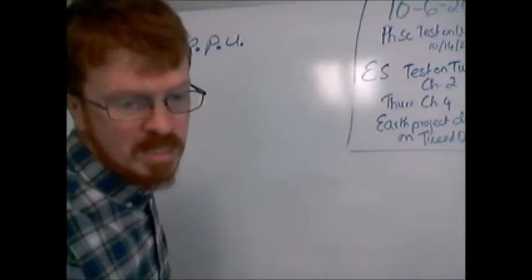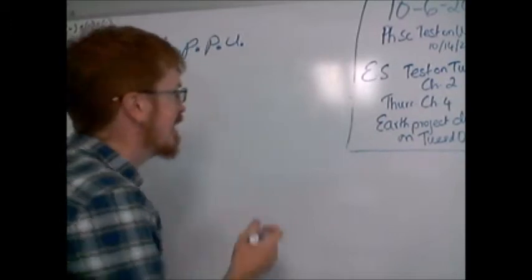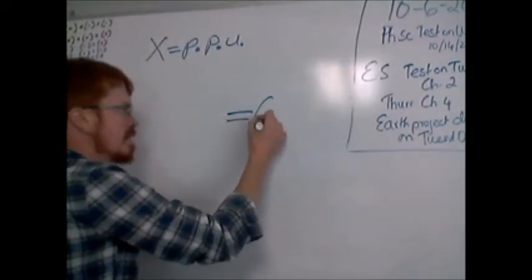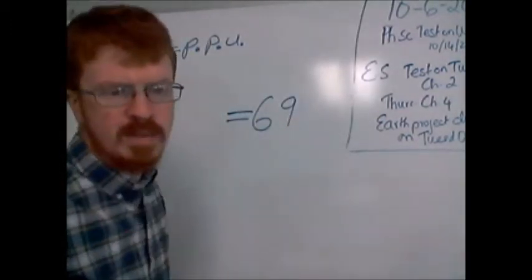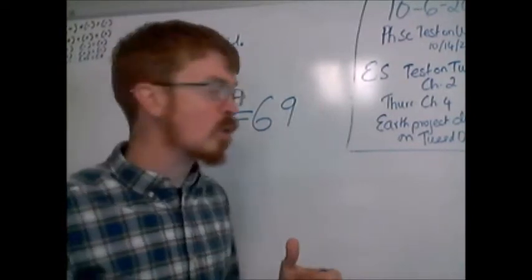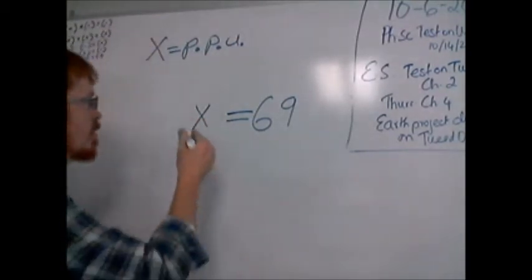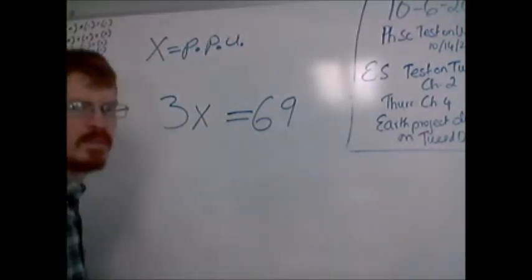And then it says the advertised cost for 3 items is $69. So that's our equal sign. $69 is, and we don't know how much each unit costs, so that's here. But how many units are there? There are 3 units.